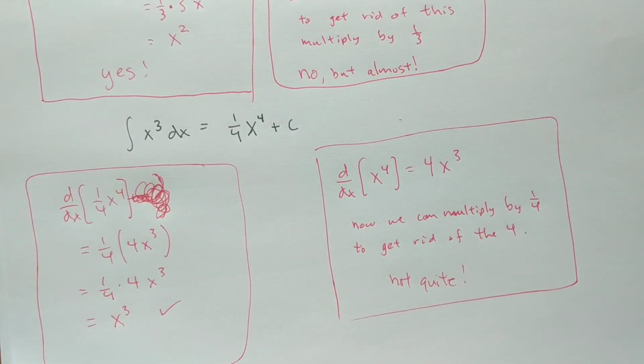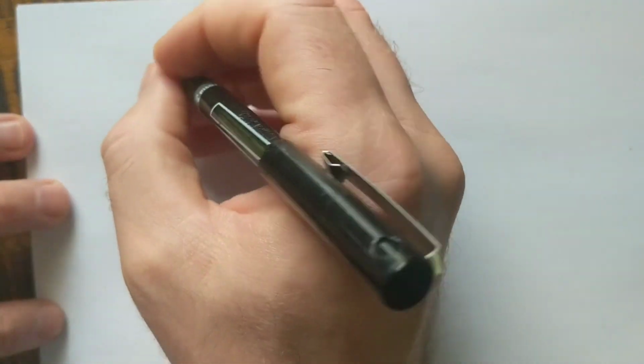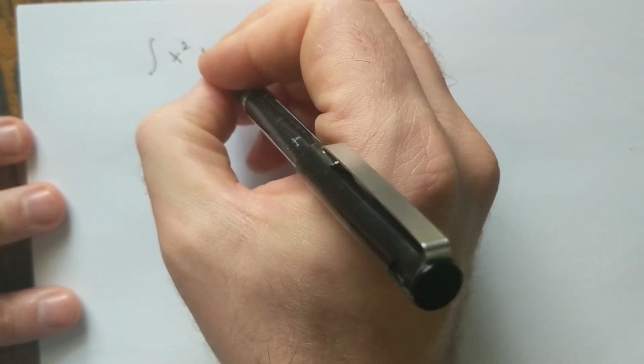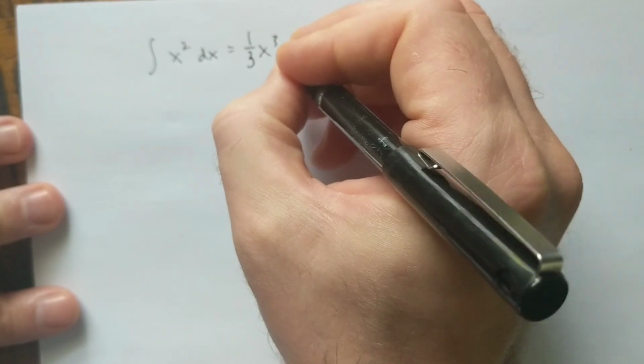Okay, so then the question is, can we come up with a general rule here? So let's write some of these down. So far we've seen that if I take the indefinite integral of x squared, I have 1/3 x cubed.